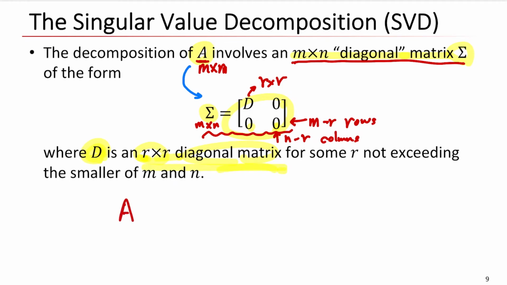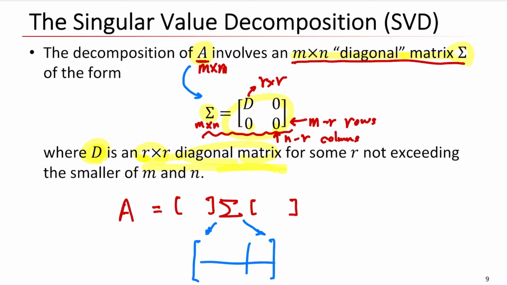So, in other words, by using the singular value decomposition, we want to make this: there is some arbitrary matrix here, but in this diagonal matrix, the shape is the diagonal matrix D with zeros around it.